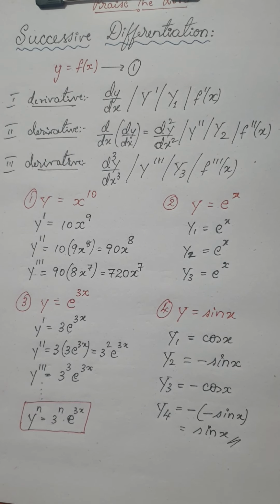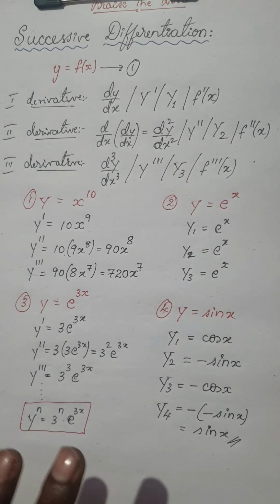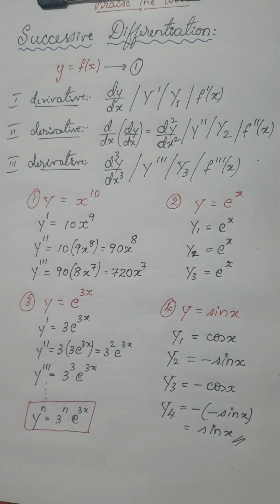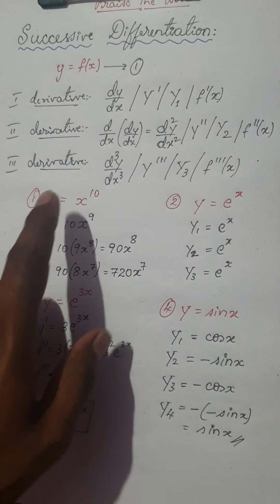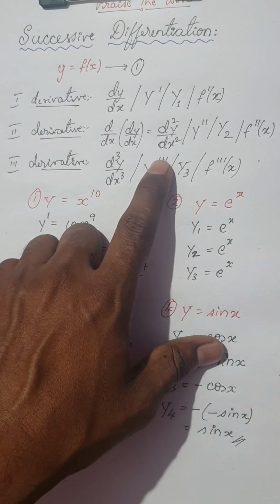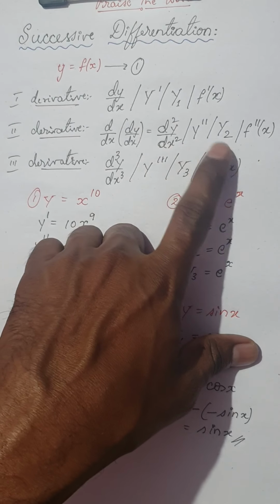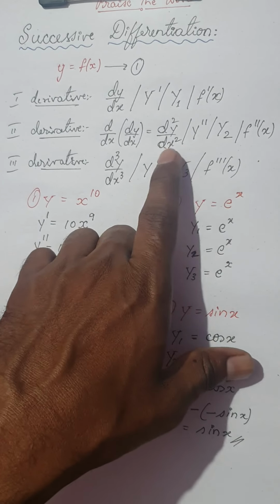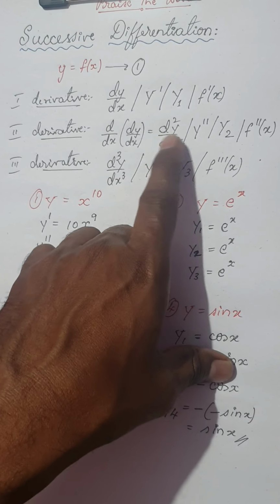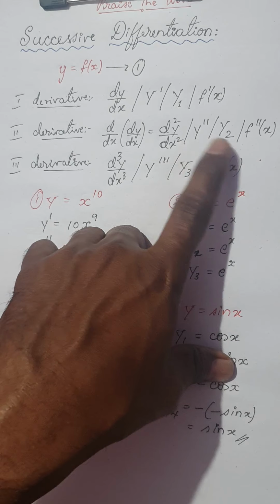But for your topic and for second PUC, we are going to limit this successive differentiation for only the second order. That is, we are just going to find d square y by dx square, or y double dash, or y2. Okay, in your textbooks, in few questions they call it as d square y by dx square, or it is the second derivative of y. Okay, y double dash or y2.